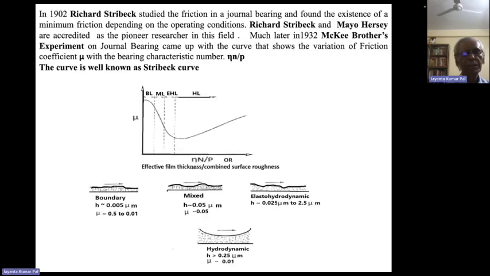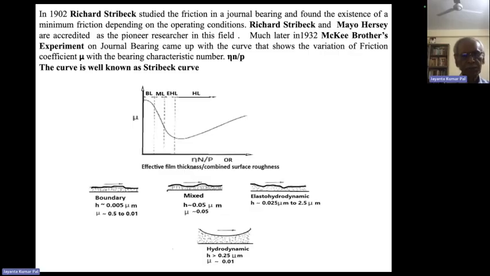Now, here we try to understand the different lubrication mechanisms. In 1902, Richard Stribeck studied the working of hydrodynamic journal bearings and found the existence of a minimum friction, as shown in the picture, depending on the operating conditions.